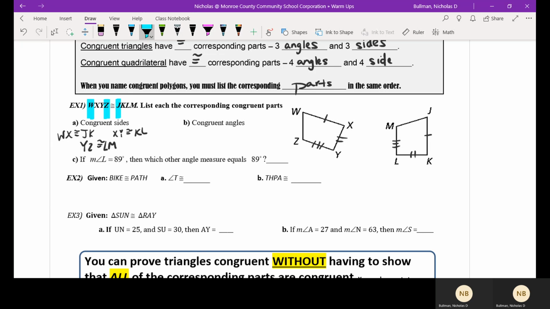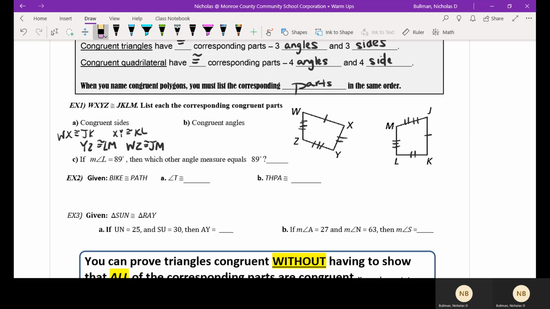So WZ and JM. So WZ, and 4 tick marks there, and JM. Those are also congruent. Okay, so sides I'm matching up with the 2 letters using the same order that they're in that set.